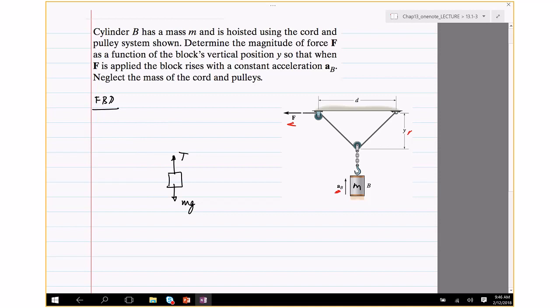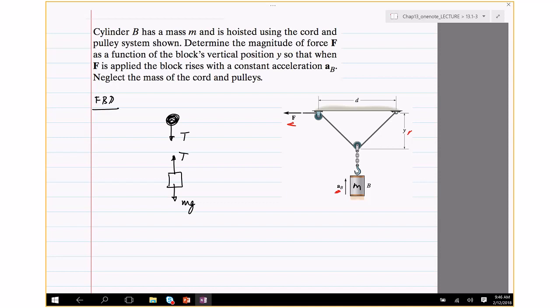Okay, so it's the pulley. That pulley is this one. When I cut this, that's what I do in a free body diagram, there's the tension acting upwards, and there'll be an equal and opposite reaction T acting downwards, and there'll be two strings.